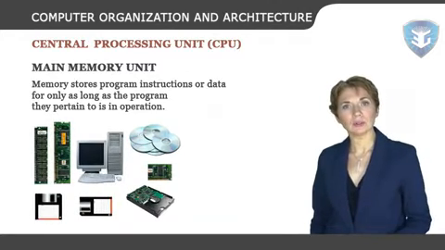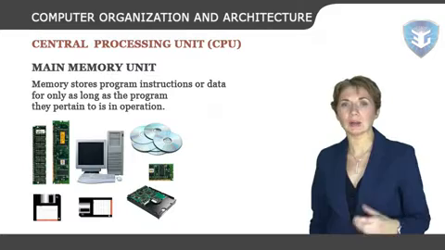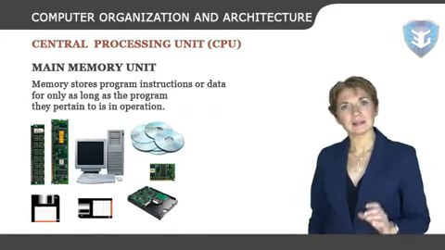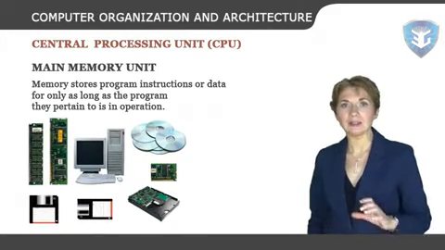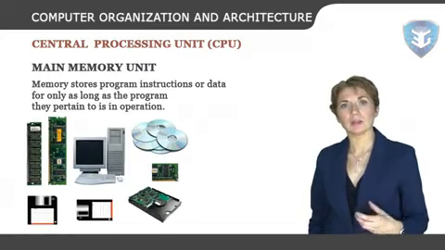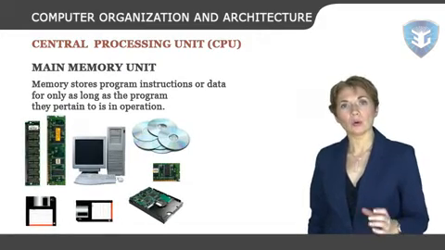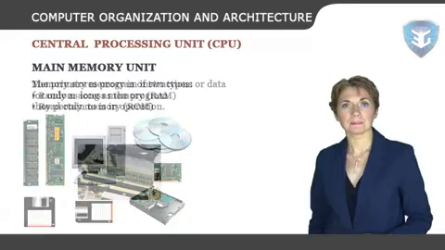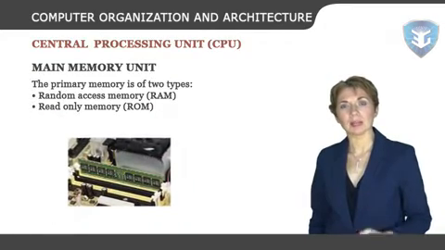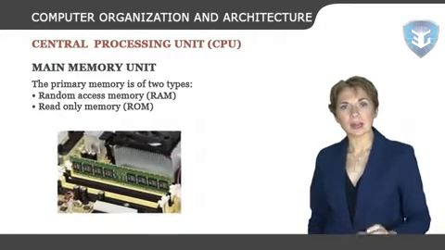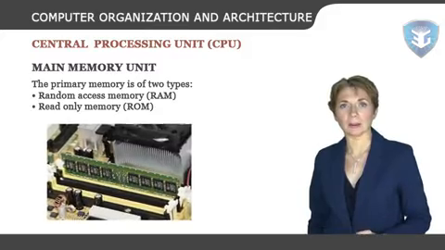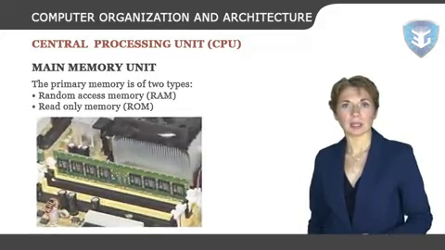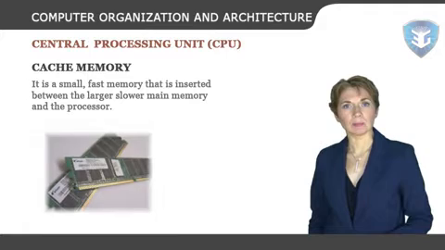The CPU accesses the main memory in a random manner. That is, the CPU can access any location of this memory to either read information from it or store information in it. The primary memory is of two types: random access memory, or RAM, and read-only memory, or ROM.